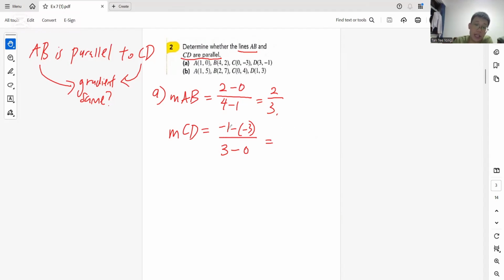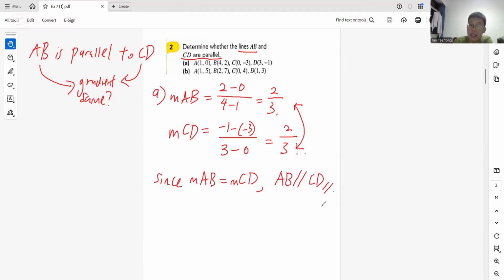So this one is -1 plus 3, which is 2 over 3. As you can see, both gradients are the same. So I will say, since gradient AB equals gradient CD, AB is parallel to CD. This is for part A.